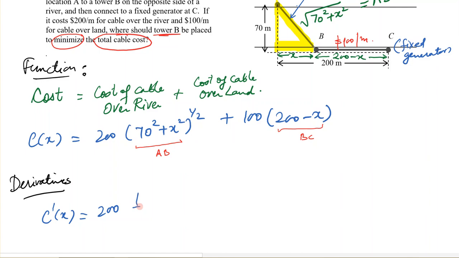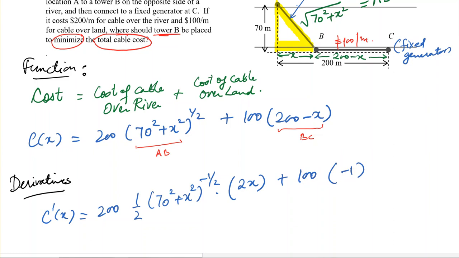So in this case, the derivative of the cost function would be 200 times, bring the power down, reduce the power by 1, so negative half, and then by chain rule take the derivative of inside. So the derivative of 70 squared is 0, and the derivative of x squared is 2x. So 0 plus 2x is 2x. Plus 100 times the derivative of 200 minus x, which is just negative 1.